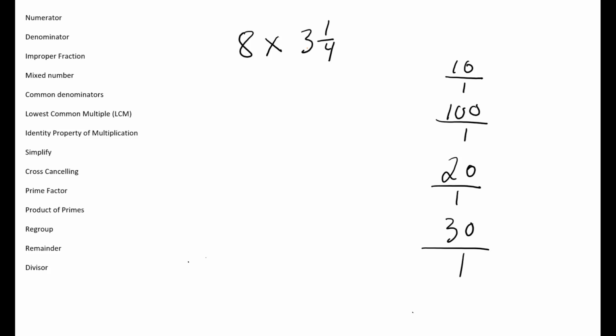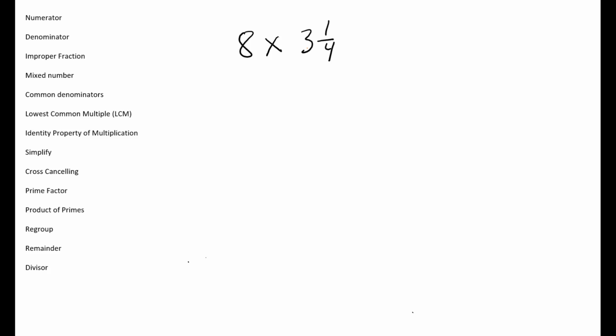But we usually leave the ones off. So to make my whole number a fraction, I just take the 8 and put it over 1. That gives me the fraction 8 over 1, and it's a little easier to see how to multiply fractions when I do that.